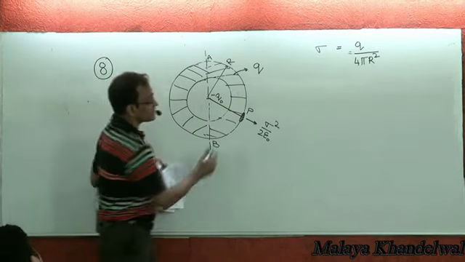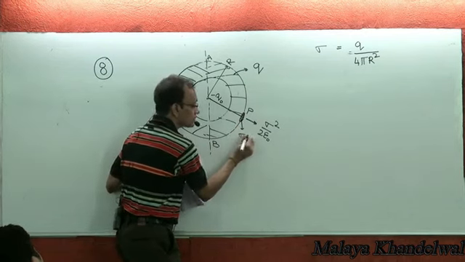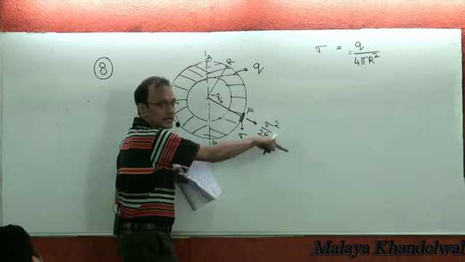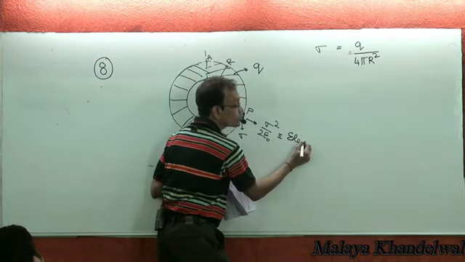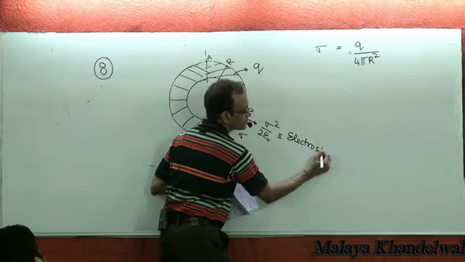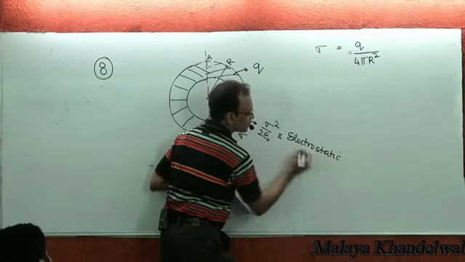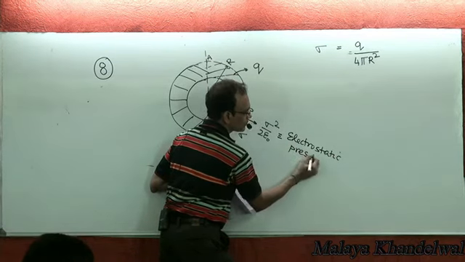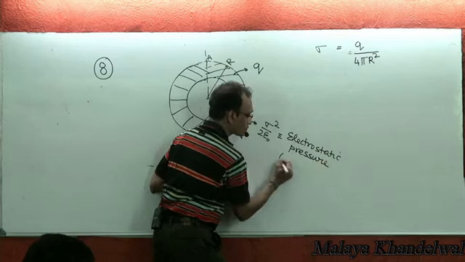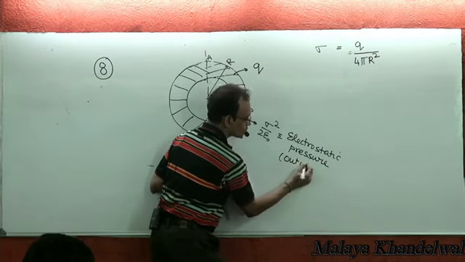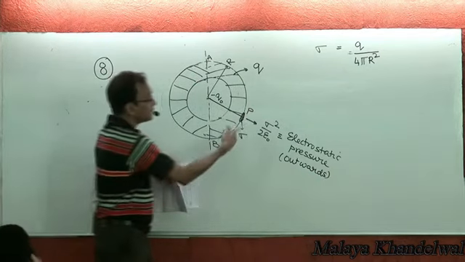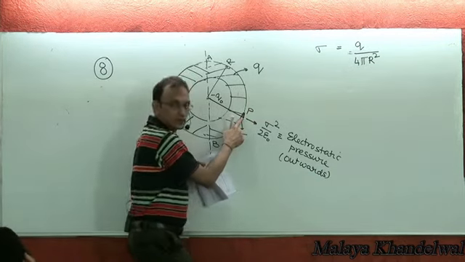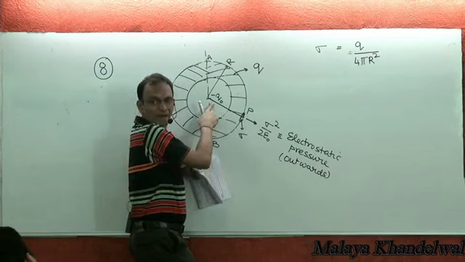Now, if sigma is the surface charge density at this point, then this is the outward electrostatic pressure. And at this point there is an electric field because of minus Q naught, right?